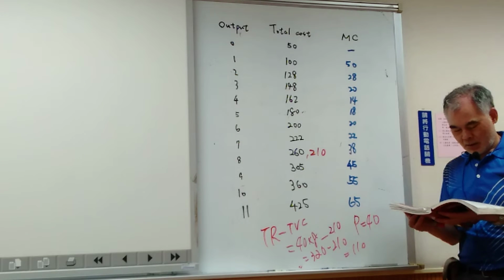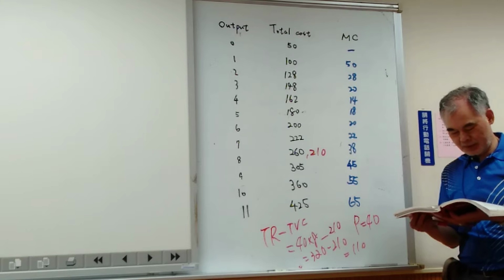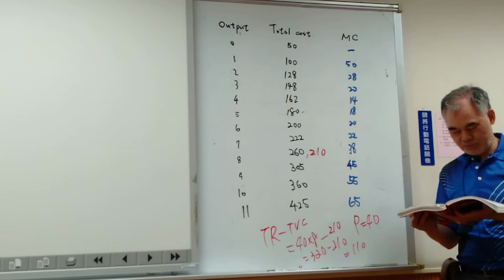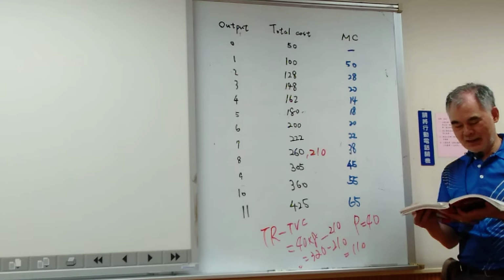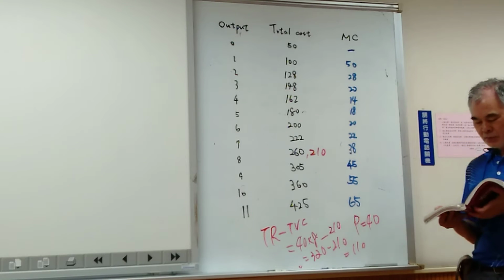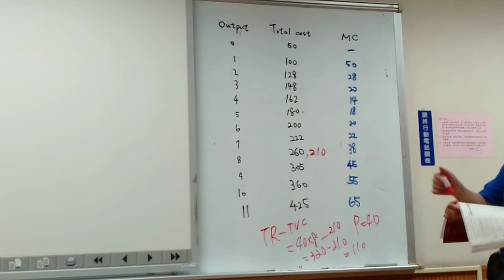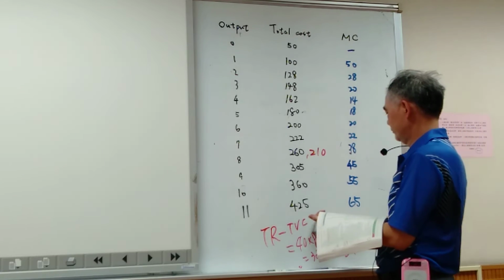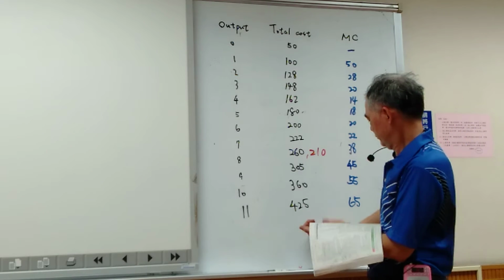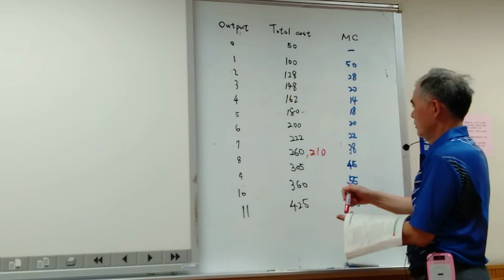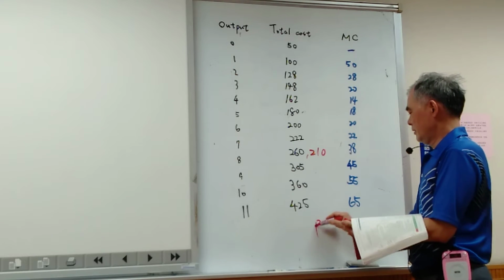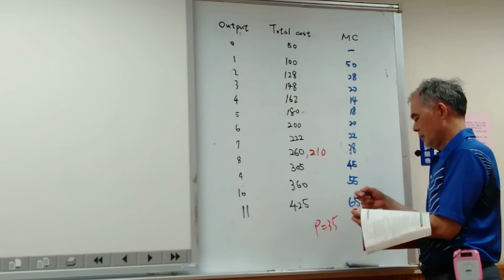Part B. Assuming a perfectly competitive industry, what is the firm's profit maximizing output if the demand declines and causes the price to fall to 35? So now price is equal to 35.